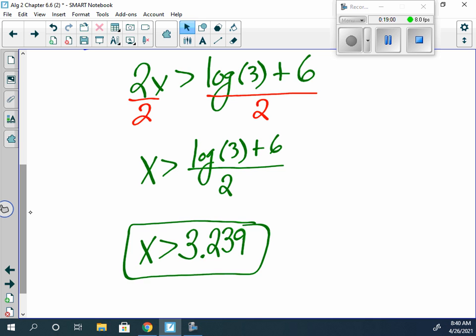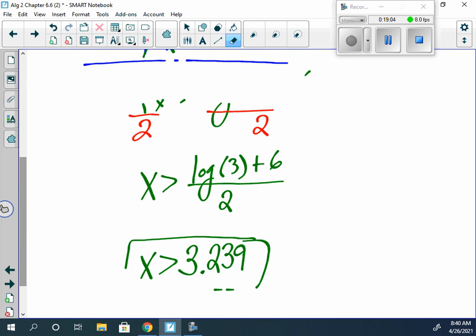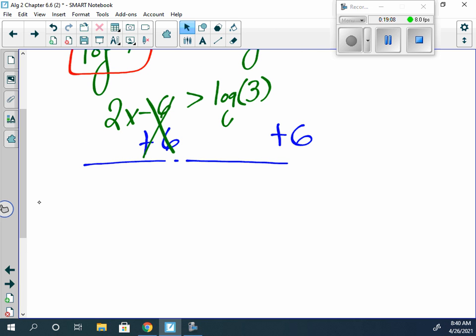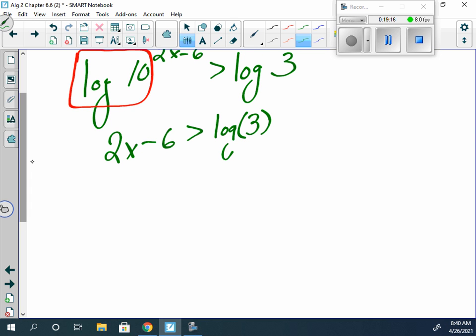Okay. Now I want to go back. I'm going to erase all this and scroll back up. Okay, so we had minus 6. Now, it is not technically wrong to divide by 2 at this point. That's fine. And here it actually doesn't work out too bad.